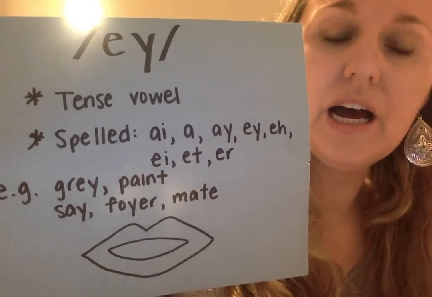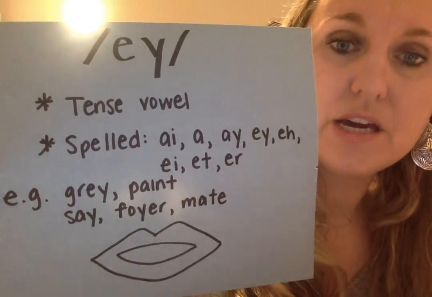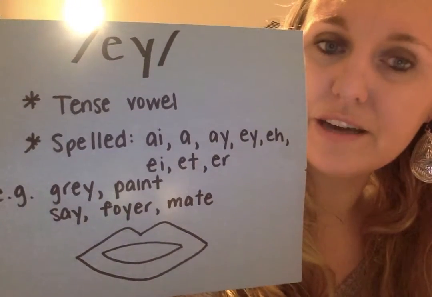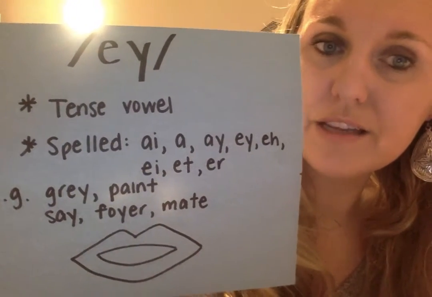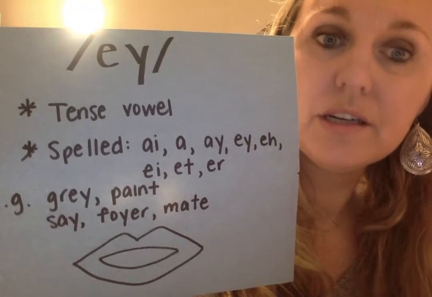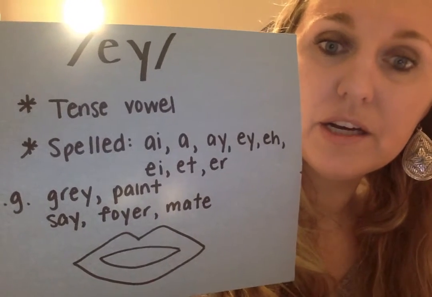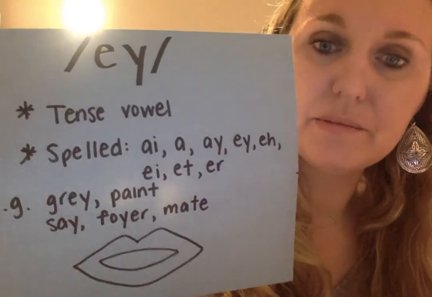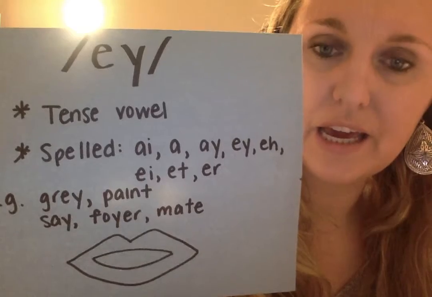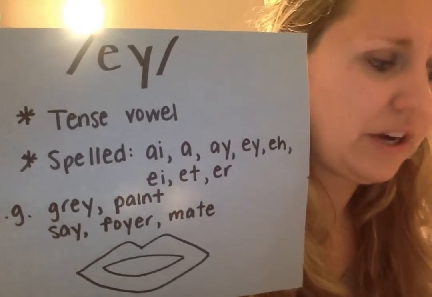The A at the end of foyer. Does everyone know what foyer means? Foyer is kind of the entrance to a building, right? The entrance to a building. Any other examples? Okay, Amira, mate. Yes, mate is another great example. It uses the EY sound. Very good. Any questions about this particular example?